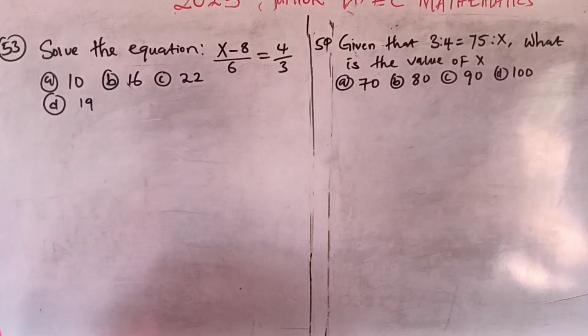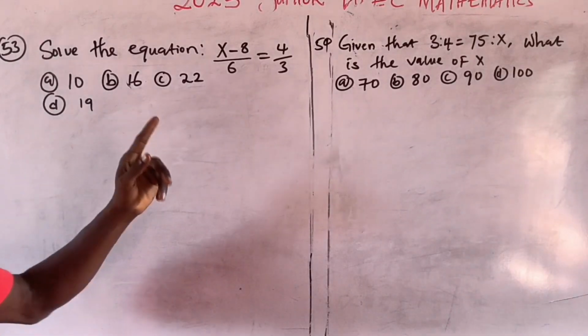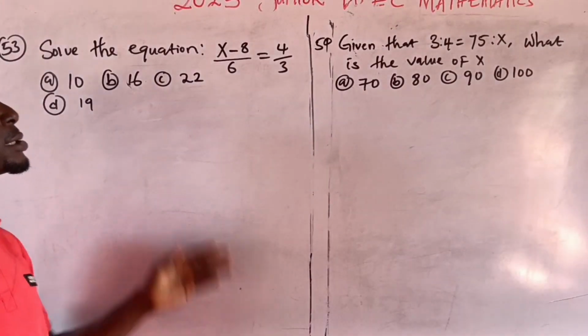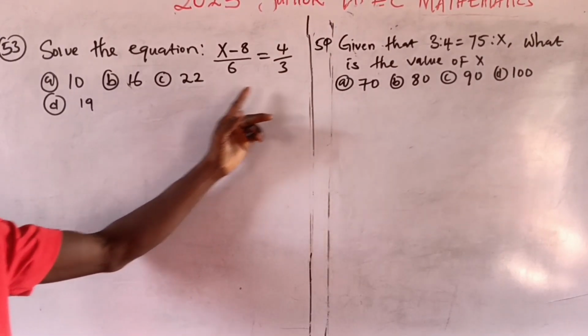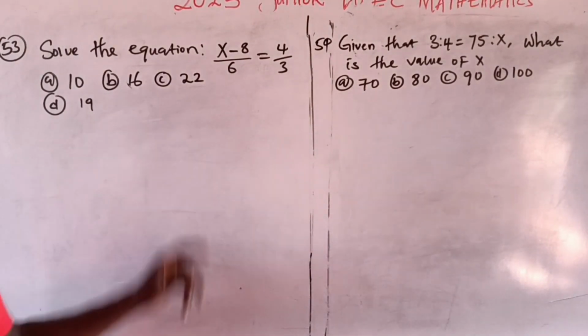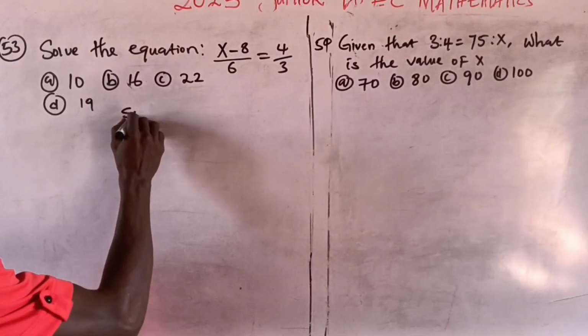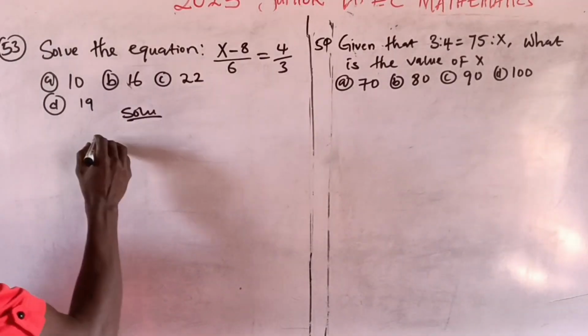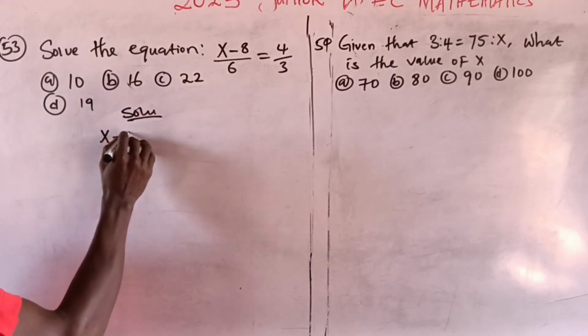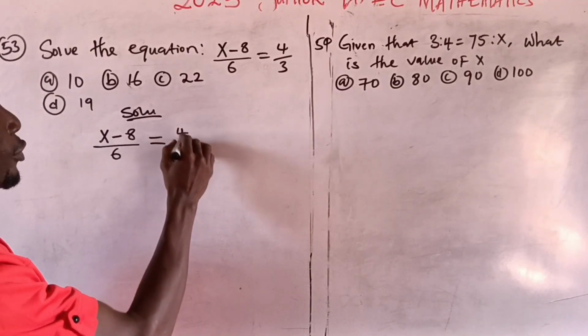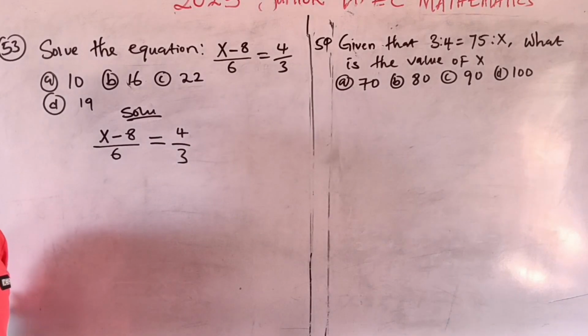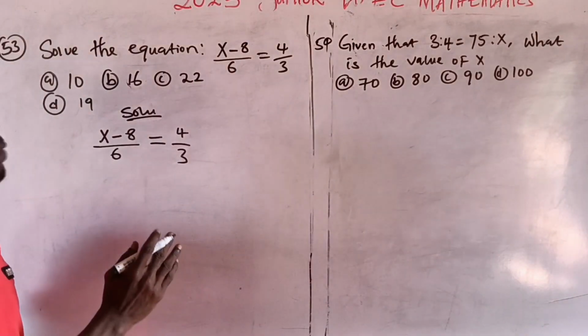Question 53. Solve the equation s minus 8 over 6 equals 4/3. And these are the options. So let's go. Solution. s minus 8 over 6 equals 4/3. So how do we solve this equation?